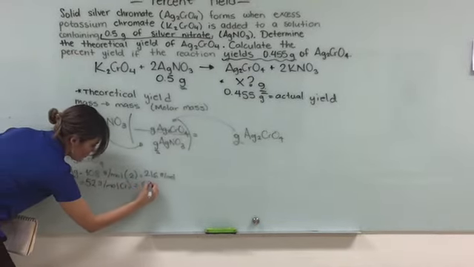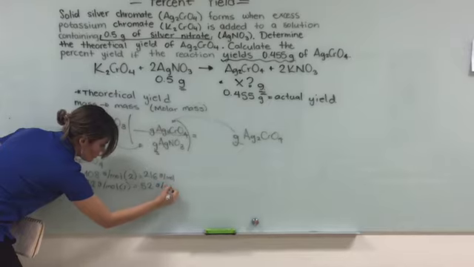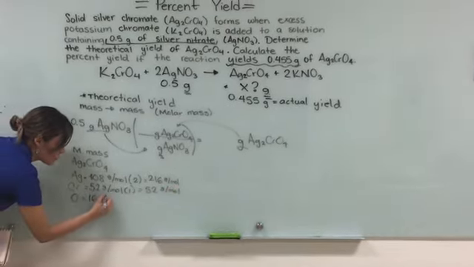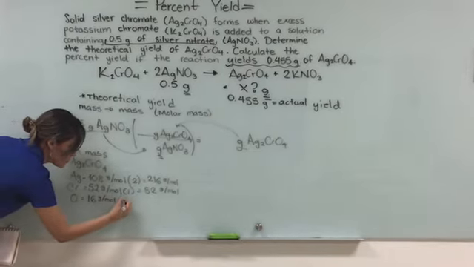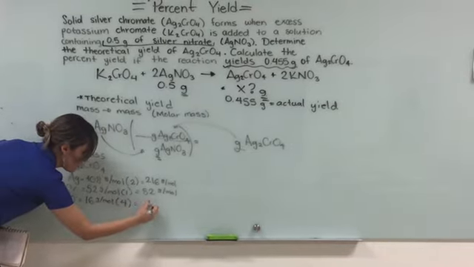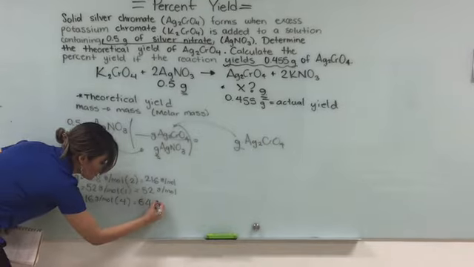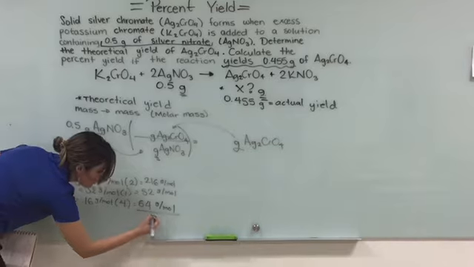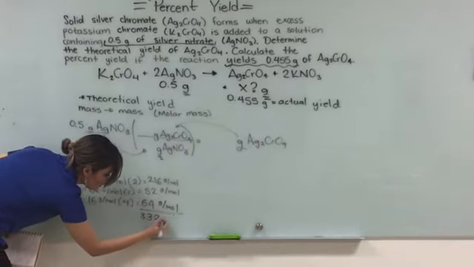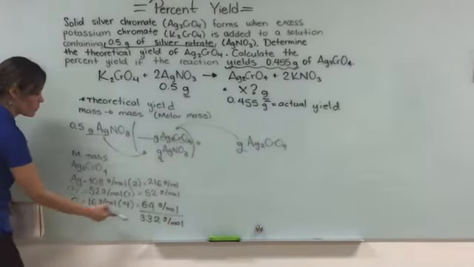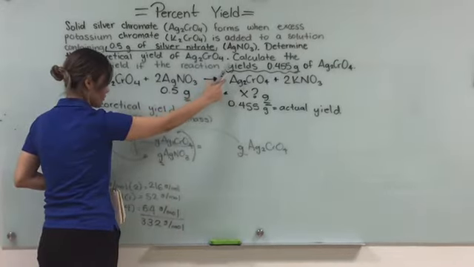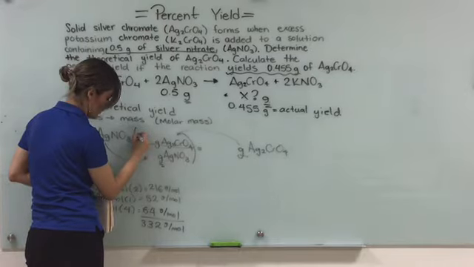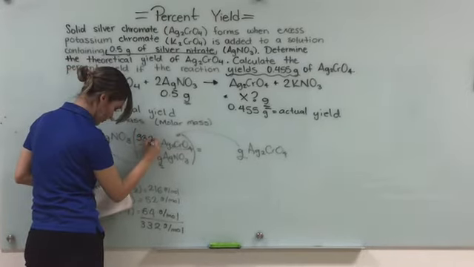So we have 52 grams per mole. Then oxygen, which is 16 grams per mole times 4, and it would give us 64 grams per mole. Adding these three numbers, we get 332 grams per mole. Then we need to multiply this number times the coefficient that corresponds to it, which is 1. So we're going to use it like that, 332.